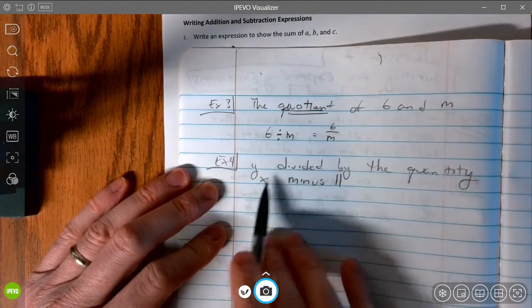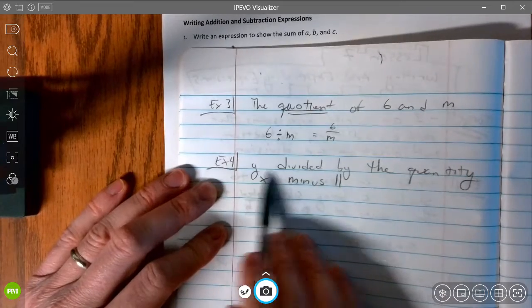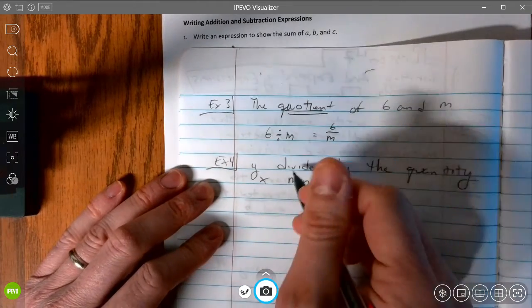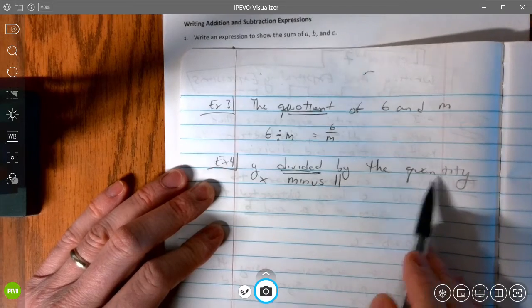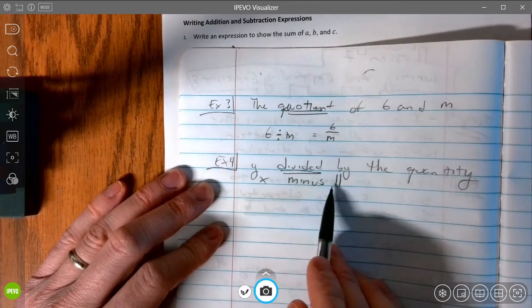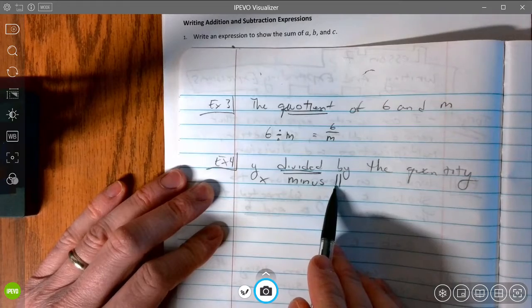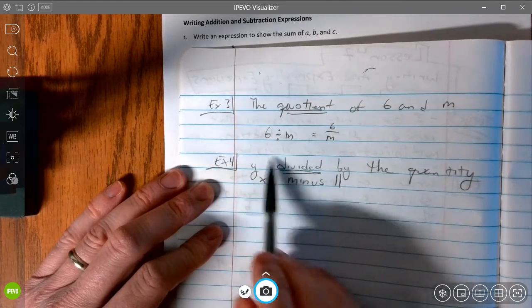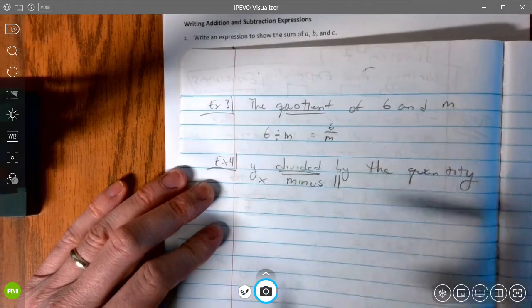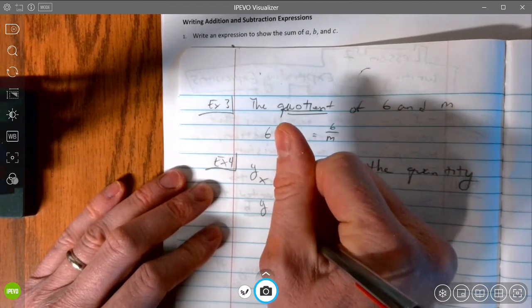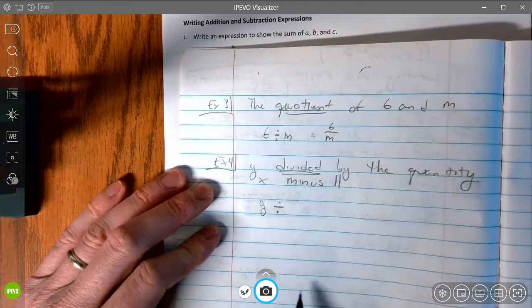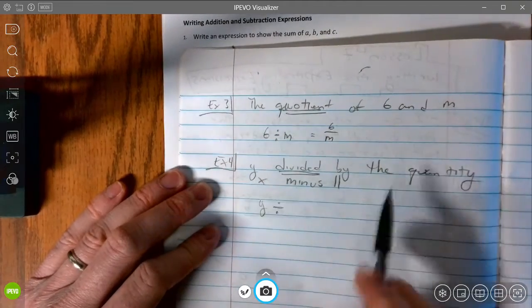Last one, this one's a little bit tricky. Y divided by the quantity x minus 11. Okay, so y is being divided by something, and that something is x minus 11.